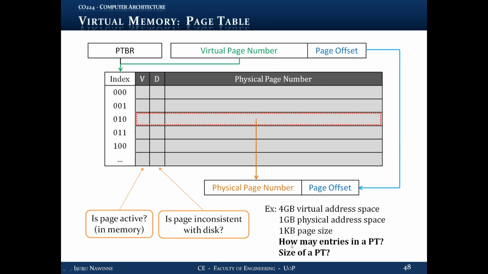First question is, how many entries in a page table? Can you answer that question? How many entries in a page table if the virtual address space is 4 GB, physical address space is 1 GB, and page size is 1 kilobyte?